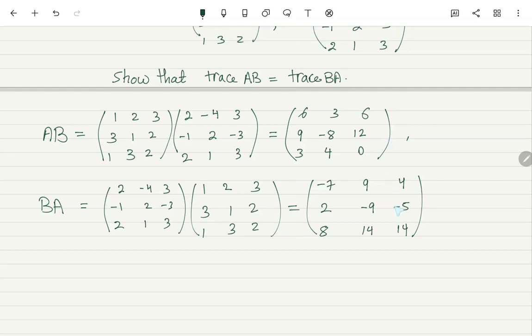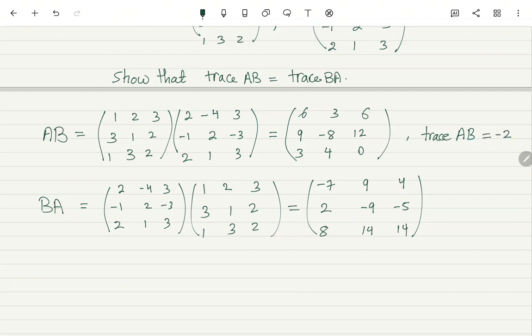Now let's double check the trace. The trace is the addition of the diagonal elements. So 6 plus minus 8 is minus 2, plus 0. So the trace of AB equals minus 2.